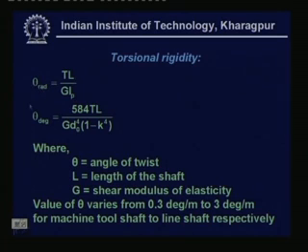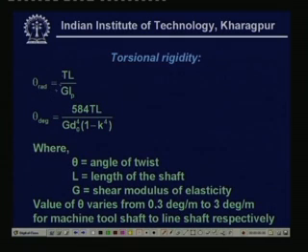We get an angle of twist which is commonly given by the expression TL by GIP, you know all these things, and if it is expressed in degrees, then the form comes in this fashion. Here again the expression has been written for a circular member.